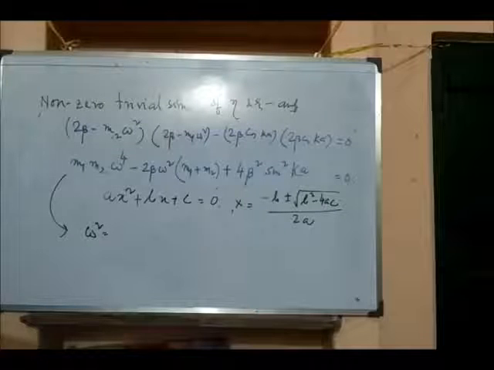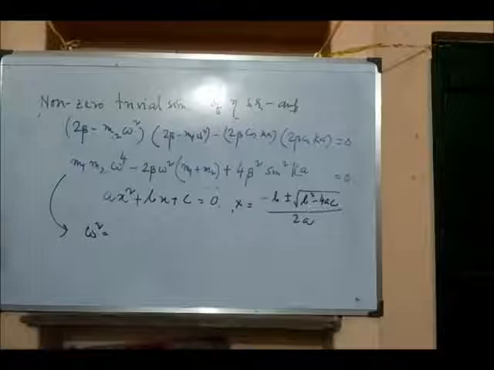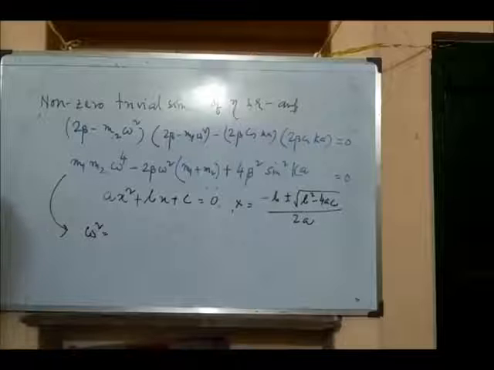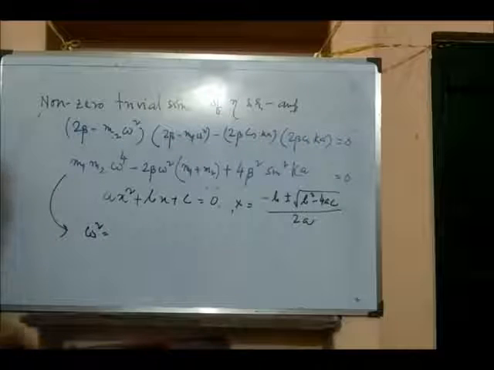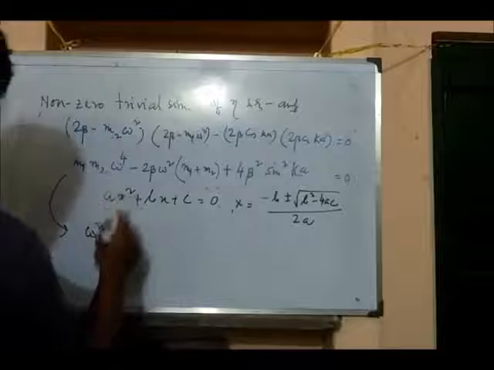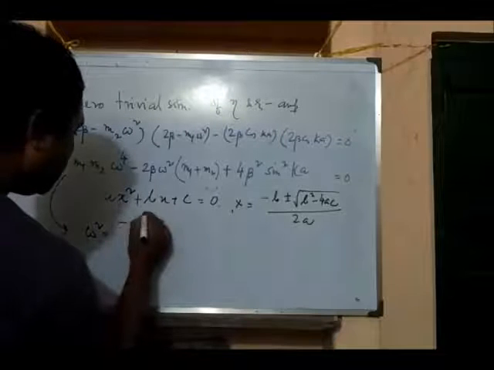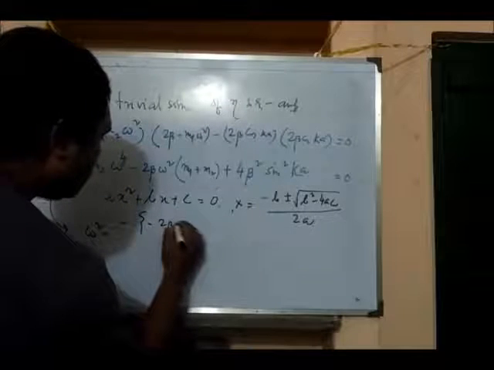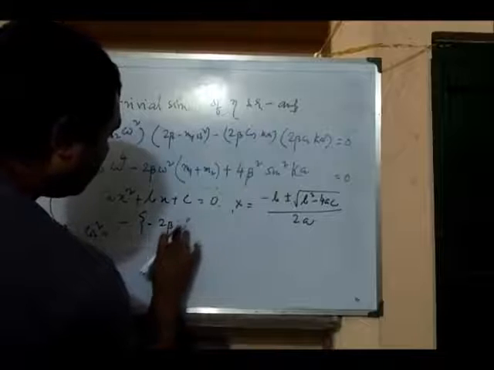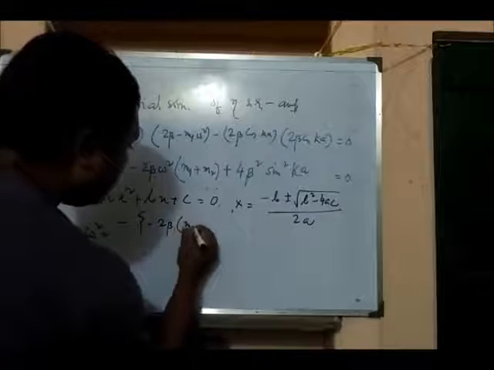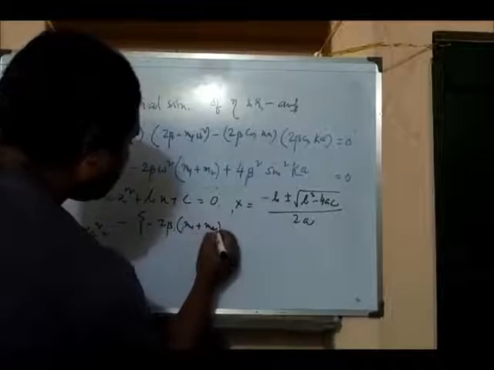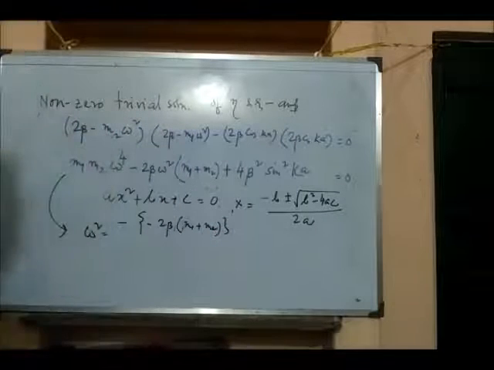So if you consider this omega square, it will be minus b, so this will be minus of minus 2 beta, this is m1 plus m2, right?